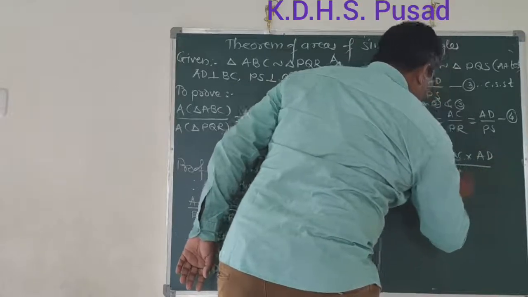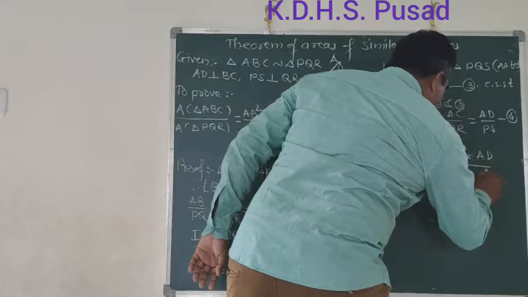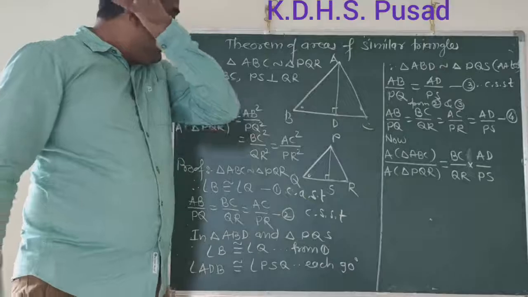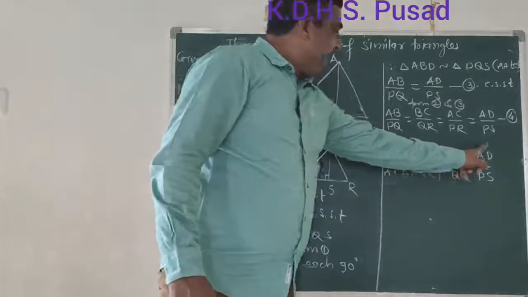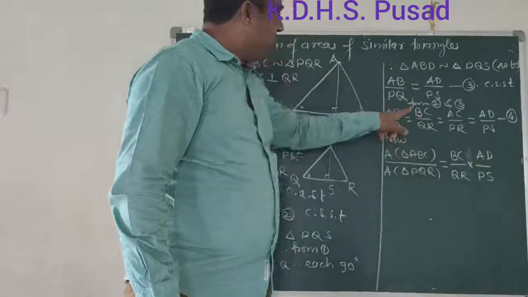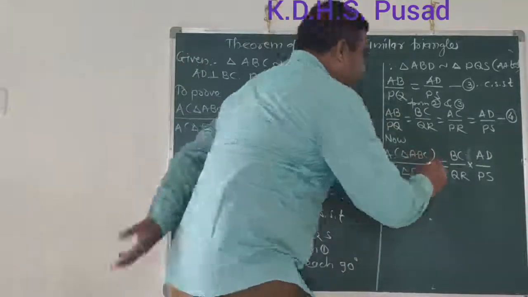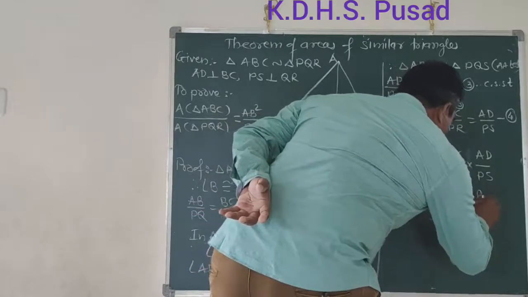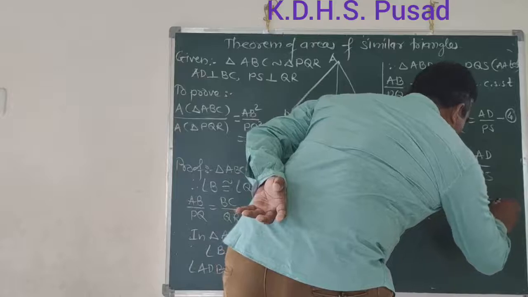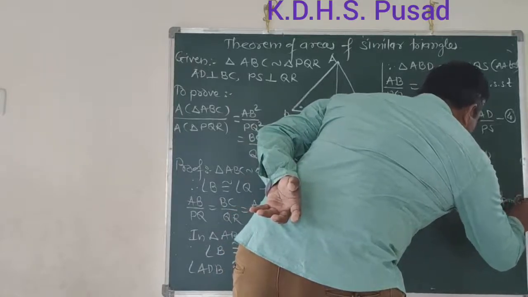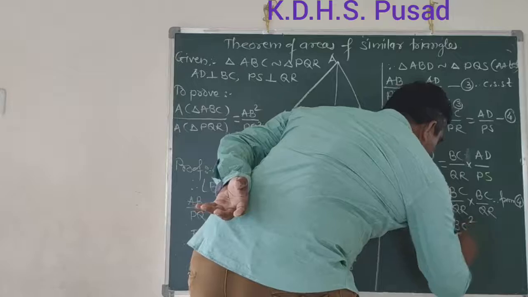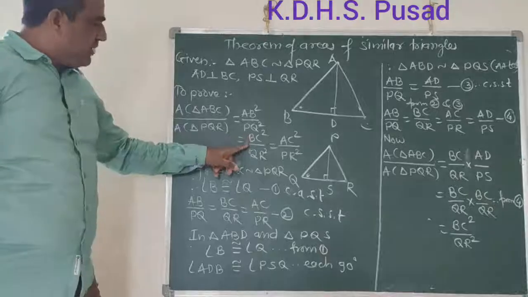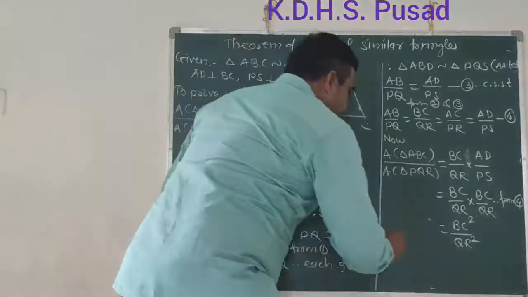In the same way, here QR into PS. But check AD by PS. AD by PS is equal to what? BC by QR. So replace it: BC by QR into BC by QR, from 4. That is BC square by QR square. And now check this, BC square by QR square. All these are equal.